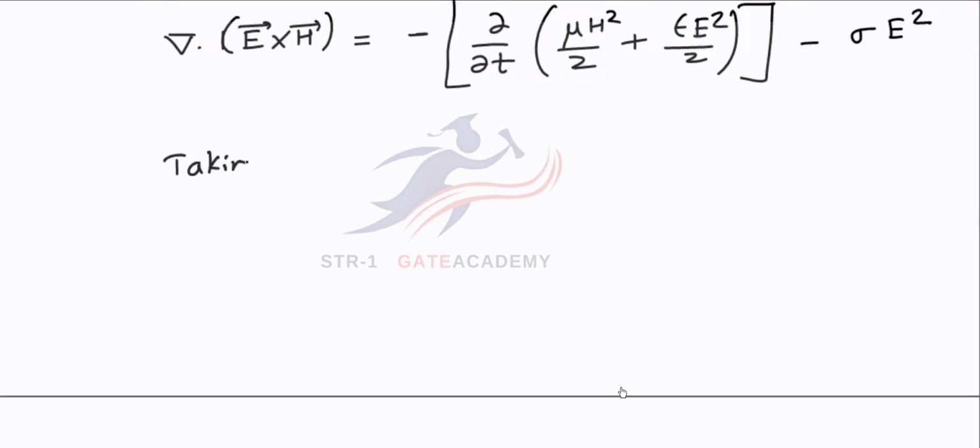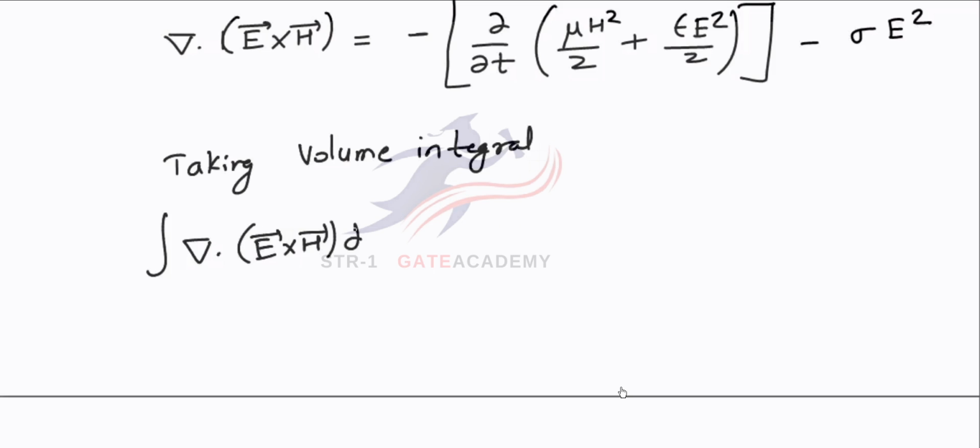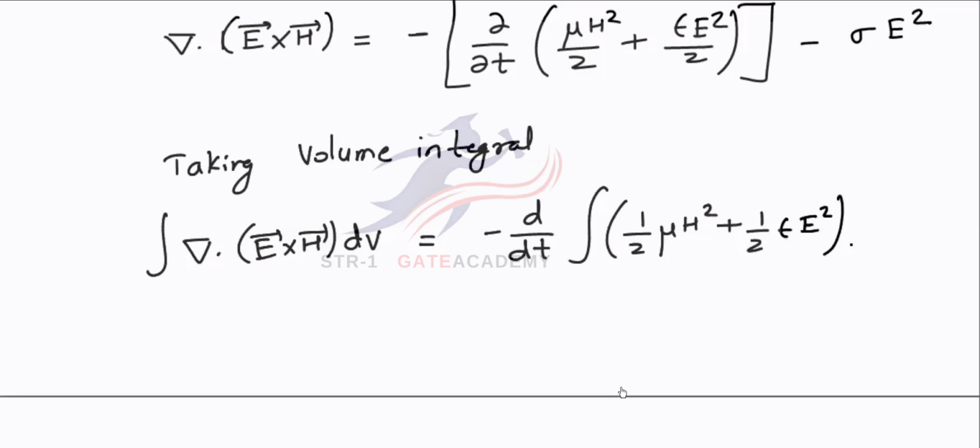So taking volume integral, I'll get integral of del dot E vector cross H vector dv is equal to minus d by dt, where I take the partial differentiation outside the integral so it becomes a complete differentiation, of the integral of 1 by 2 mu H square plus 1 by 2 epsilon E square dv, minus integral of sigma E square dv.